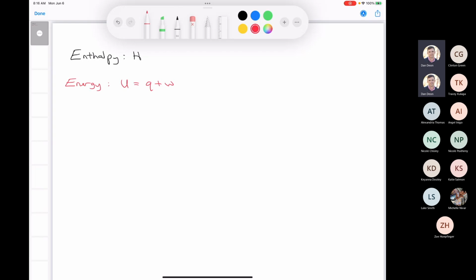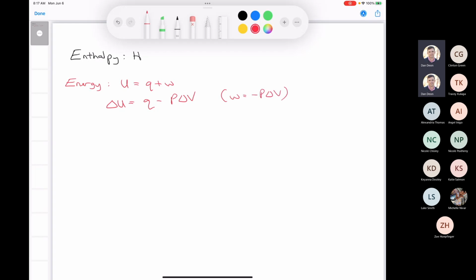And so if we're trying to determine the change in energy, delta U, we say that's going to be equal to Q minus P delta V, because we remember that work is pressure-volume work. And again, this is something that you should have seen in general chemistry. The W, or work, is equal to the negative of P delta V. And we can scribble that in here, negative P delta V.